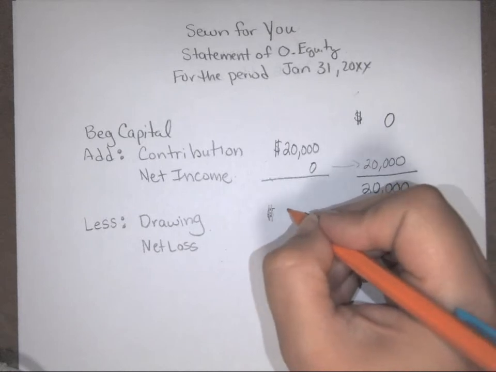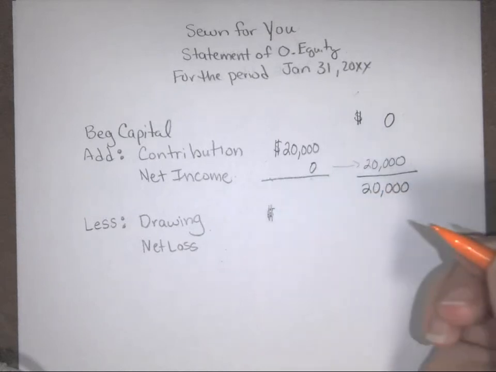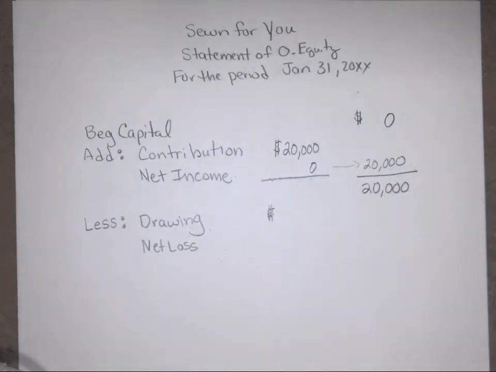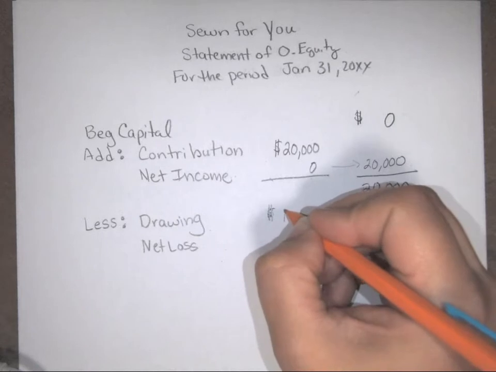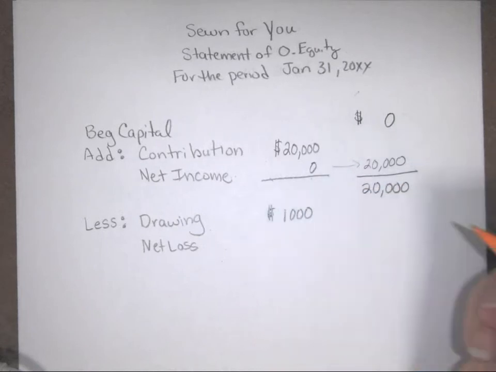The drawing account was $1,000. Again, I can get that off of my closing entries, or I can get that off of my general ledger. But I do know that it was 1,000, so I put that in.